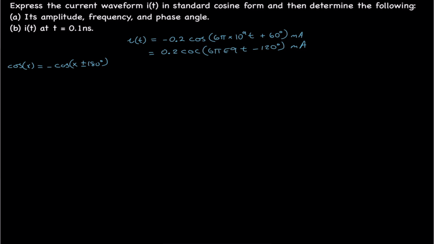Our amplitude is A equal to 0.2. Our angular frequency omega is equal to 2π times f, so frequency is equal to omega divided by 2π, and that is equal to 3 e to the 9, which we can write as 3 gigahertz.